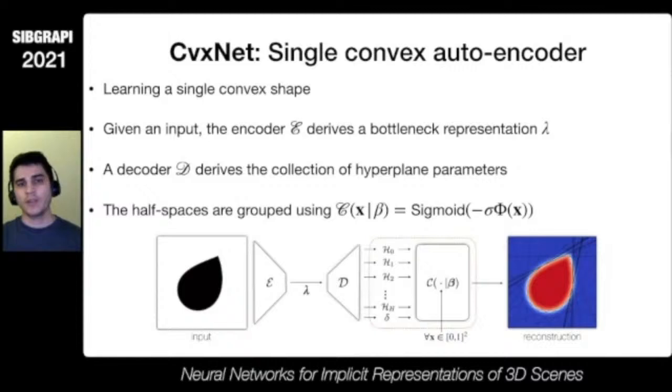The corresponding half spaces are intersected in order to create a smooth convex shape. This is done using the procedure given in the previous slide. Here, beta is the set of all of the plane parameters and the smoothness parameters.